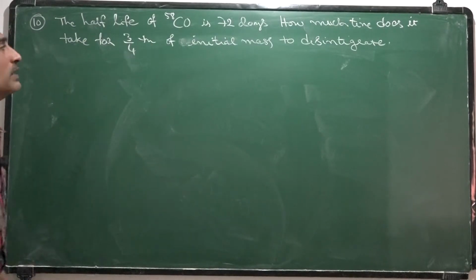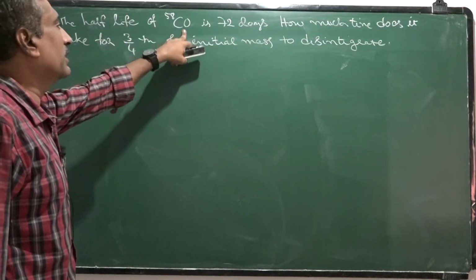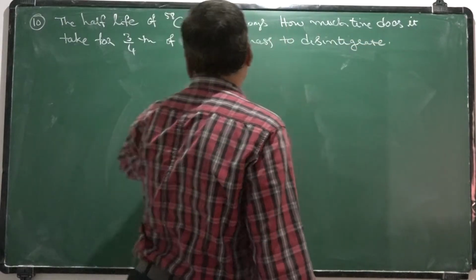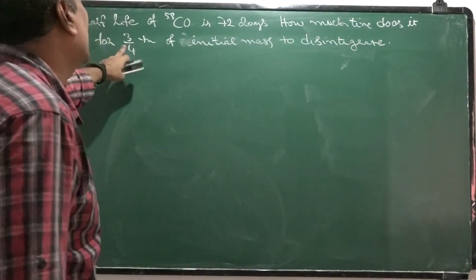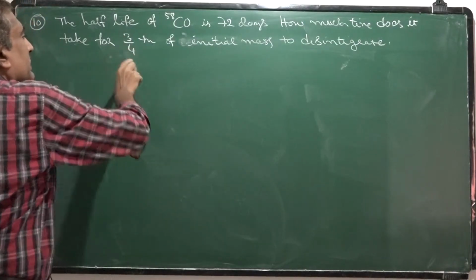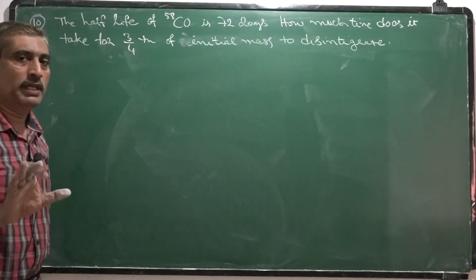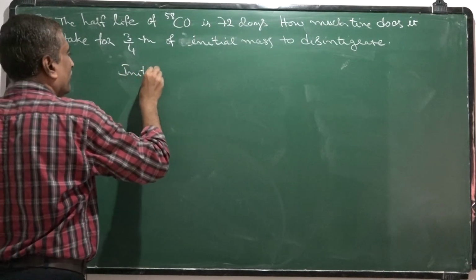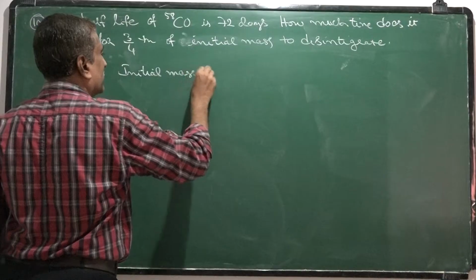Okay. The half-life of this particular radioactive element is 72 days. How much time does it take for 3/4 of its initial mass to disintegrate? That means 3/4 of mass is disintegrated, so remaining mass is 1/4. Suppose initial mass is 1 unit.